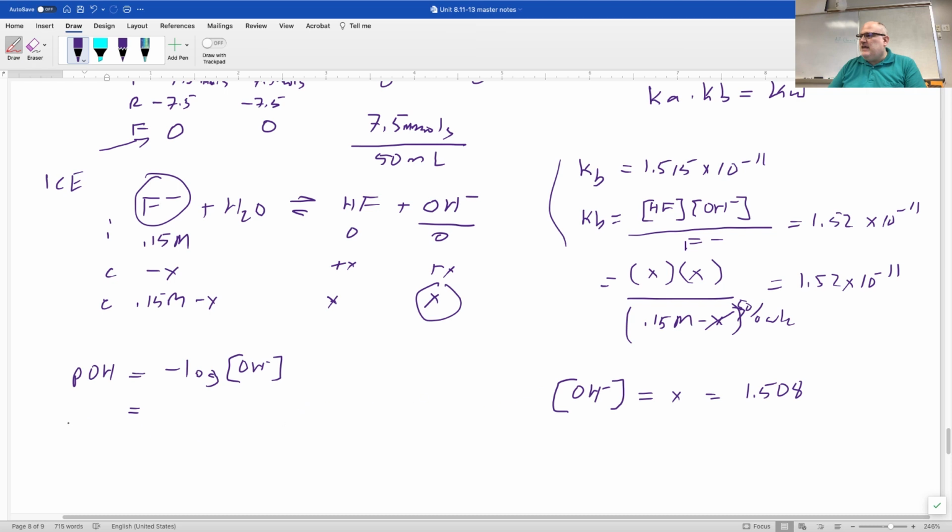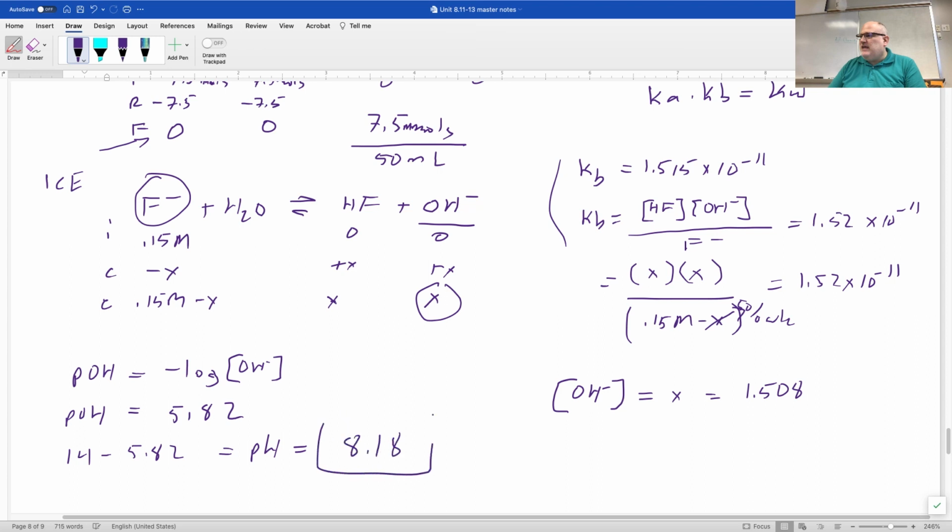Either way, when we take the negative log of 1.508 times 10 to the negative 6, we end up with a pOH of 5.82. Now, in order to get our pH, we subtract 14 minus 5.82, and that's going to give us our pH, which in this case happens to be 8.18.